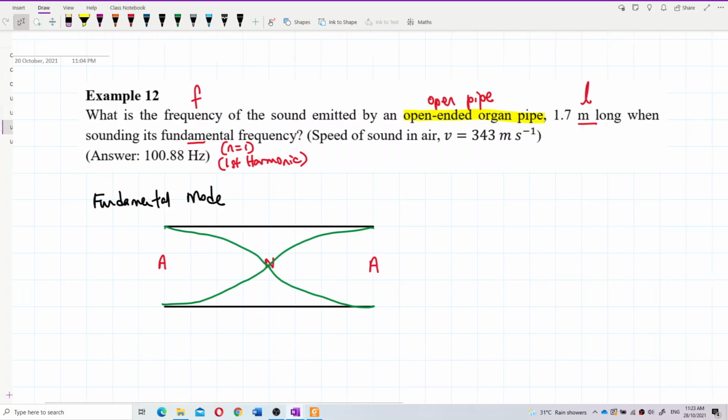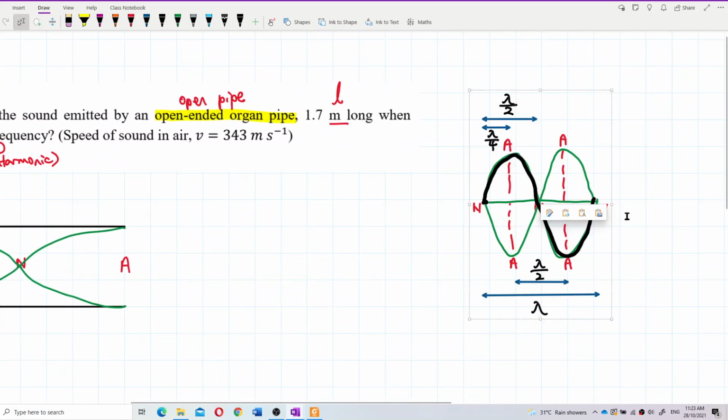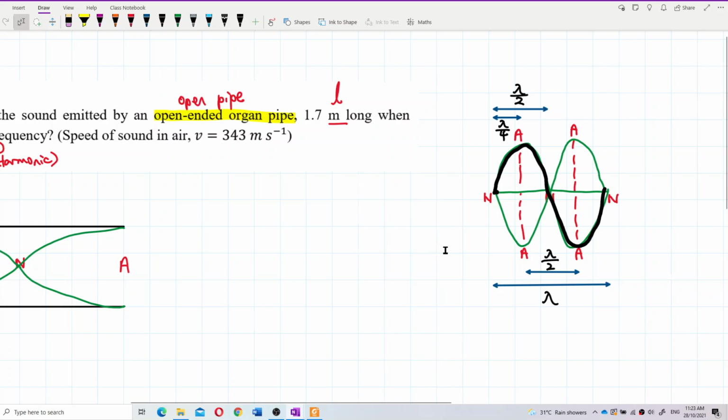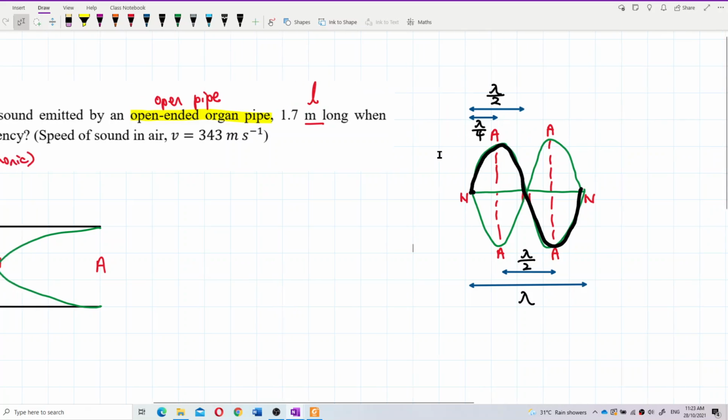From node to antinode is one quarter wavelength. From node to node is half wavelength. From node to antinode is 1/4 wavelength.